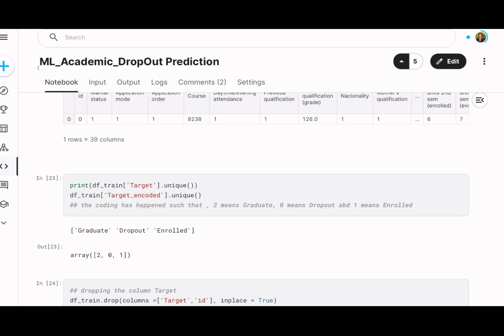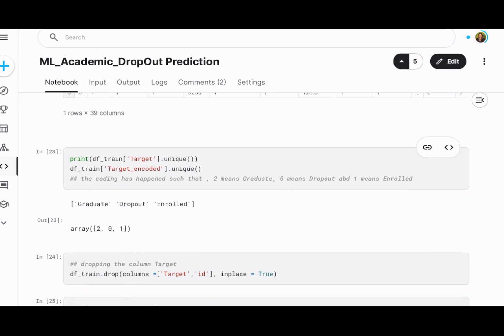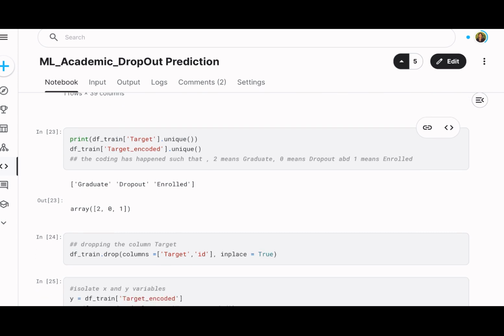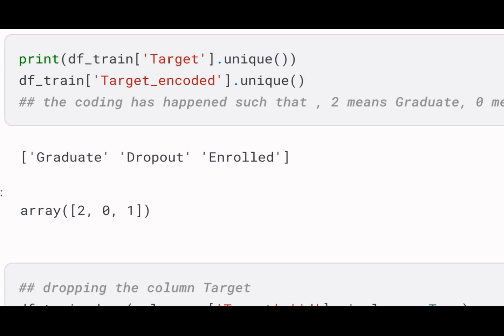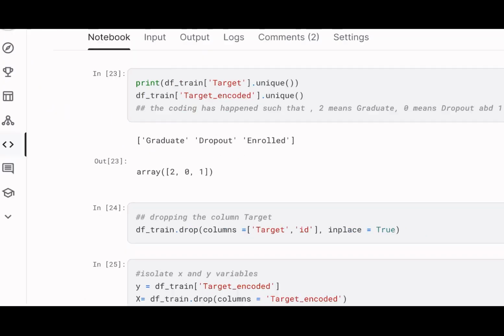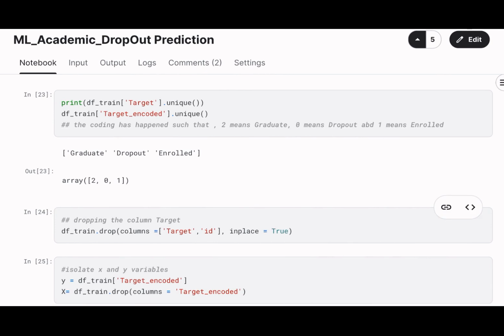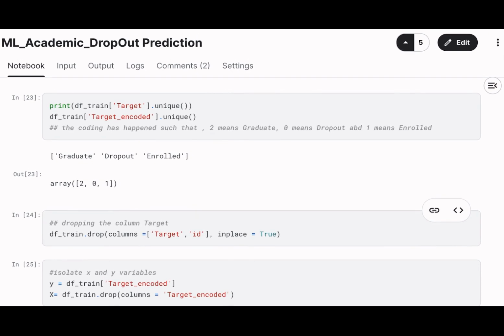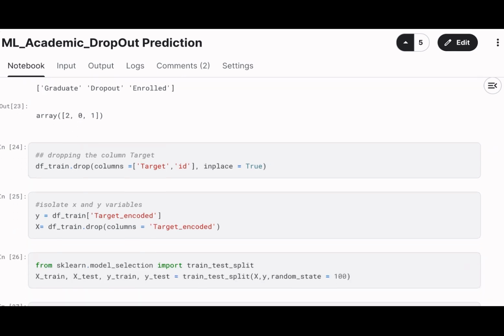And you can see after applying the label encoder, we have this new column named target encoded. And the output here is like 2, 0, and 1. So if you can read, graduate means 2, dropout means 0, and enroll means 1. So we have to make the data set in a format that machine learning can use. And for machine learning to use it, all the values should be numerical.